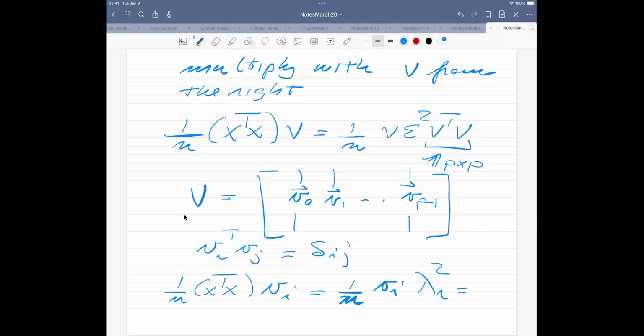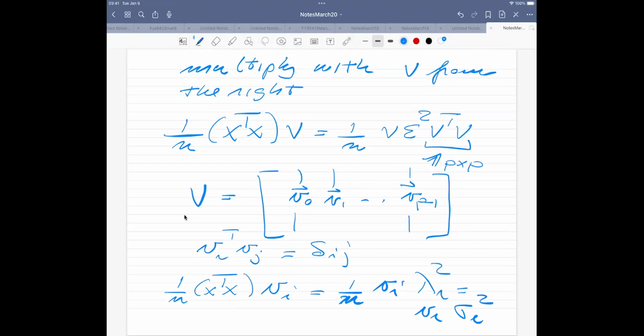So this quantity here is the same as sigma i squared, where sigma is the variance. So if I do a singular value decomposition, which is actually pretty common in PCA, you have immediately the eigenvalues, and then you know how to reconstruct everything.